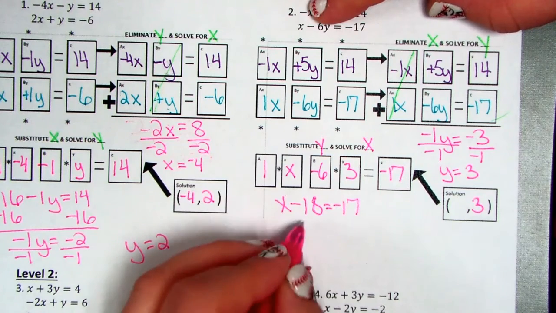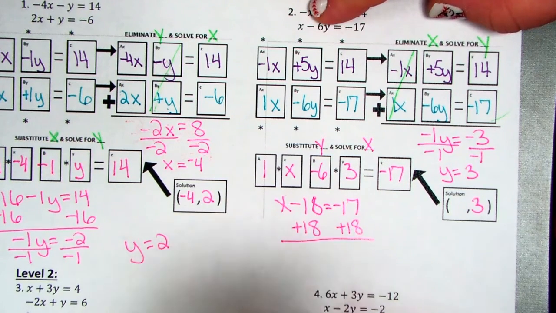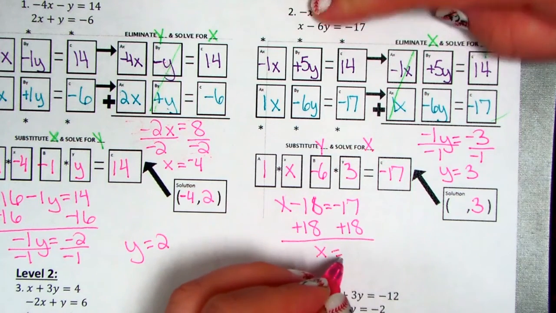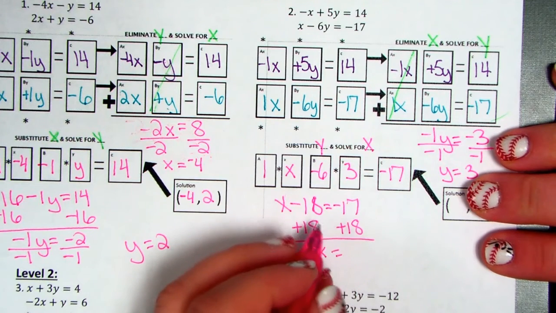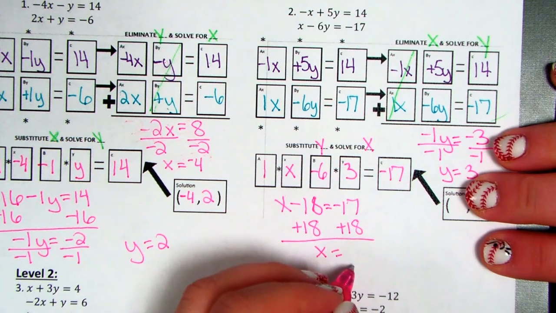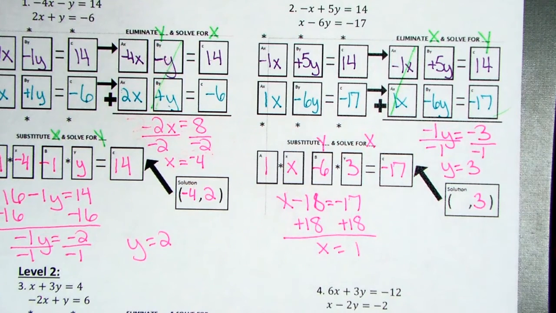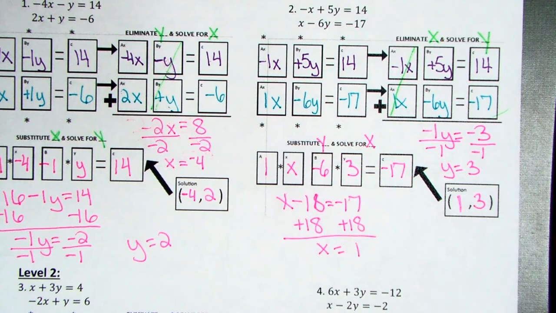Add 18 to both sides, and we get that x is equal to 1. So 1 goes into the box.